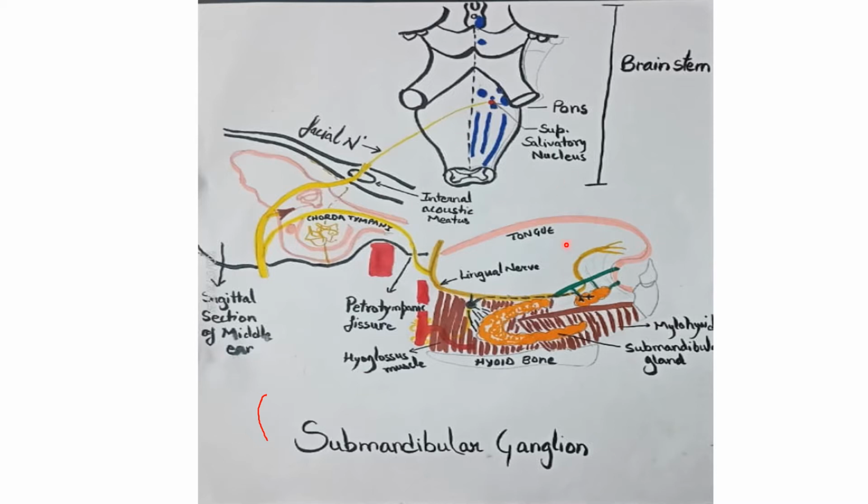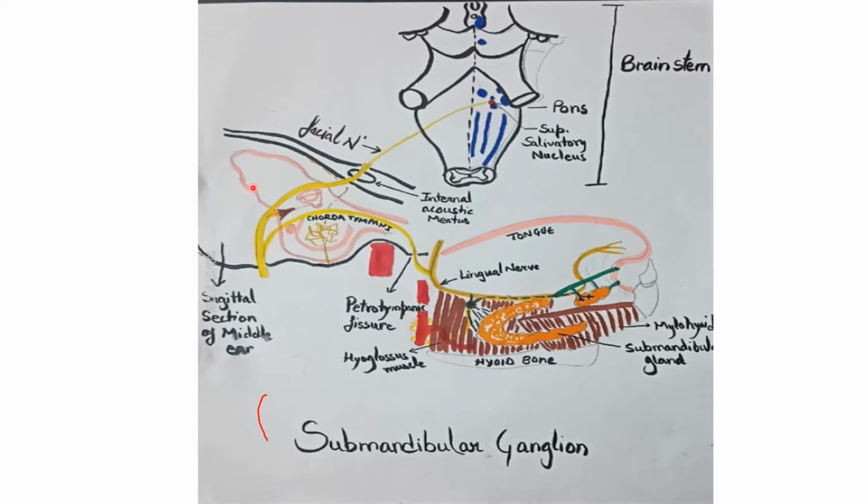Let's get a little brief of this diagram. This is your brainstem, right? The brainstem has three parts: the midbrain, pons, and the medulla. And this is a section of temporal bone. In this bone there is a foramen called the internal acoustic meatus, and above it there is the posterior cranial fossa.